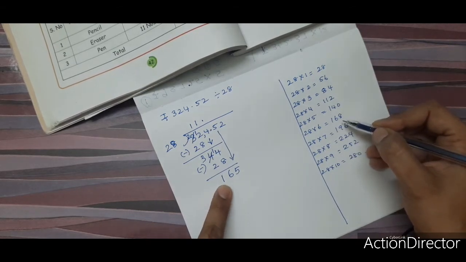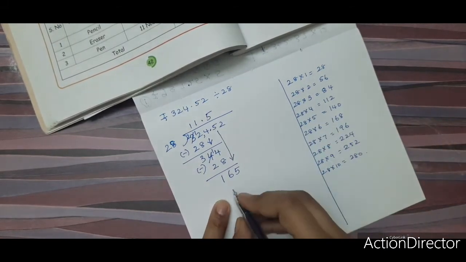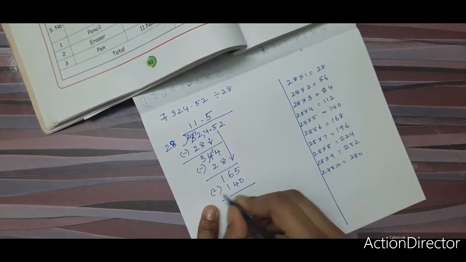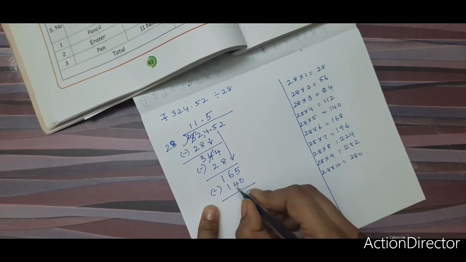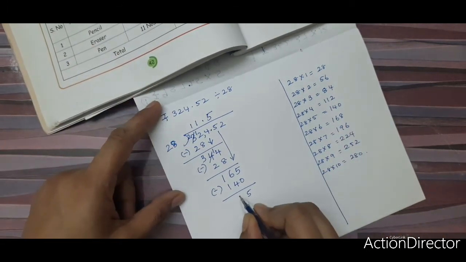So 168 is greater than 165. So we will take 5 times 140. Okay, subtract. 6 minus 4 is 2.